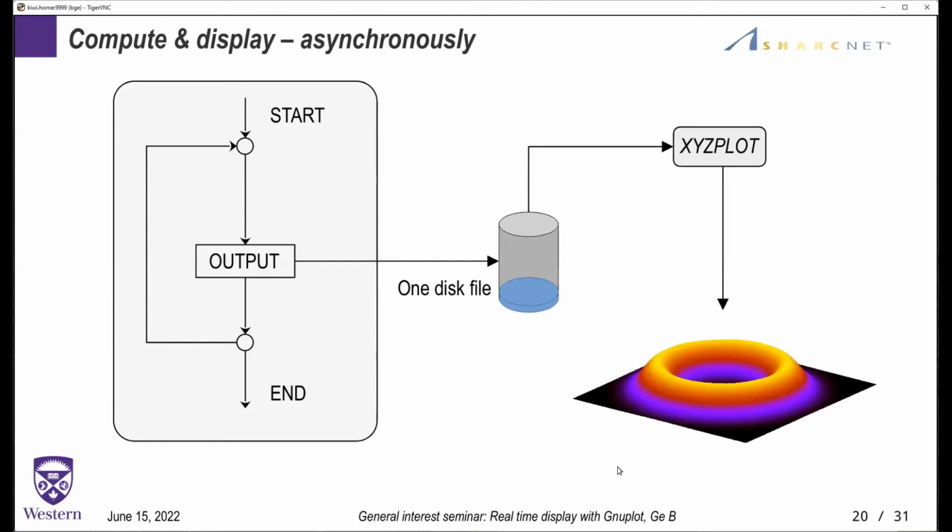So next, similar to the previous one, but in this case, instead of generating many files with a number going from 0 to 1,000, I only generate one file, and this file will be read by the graphical program over and over again.